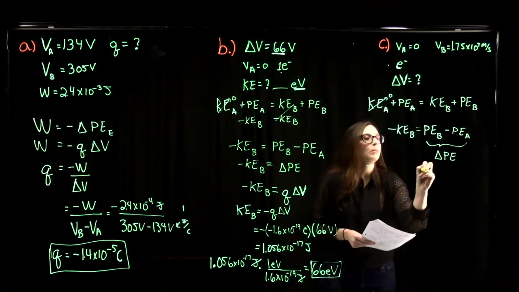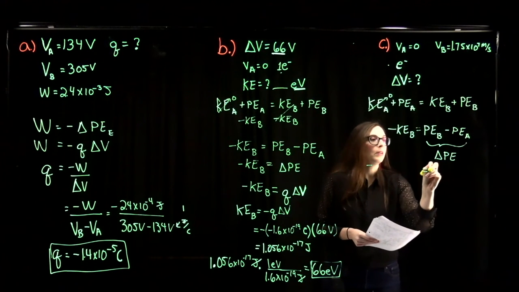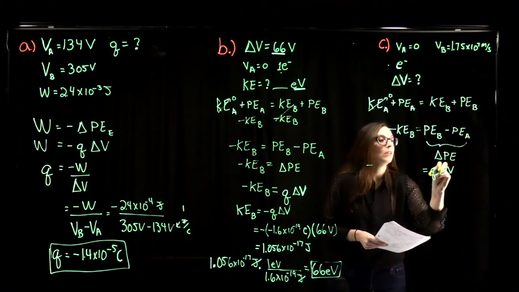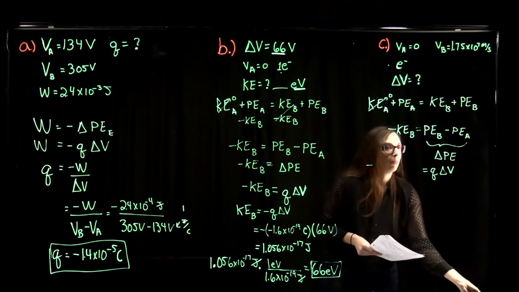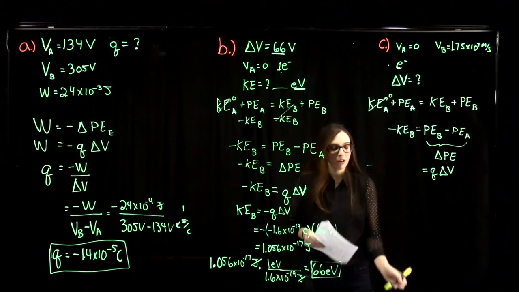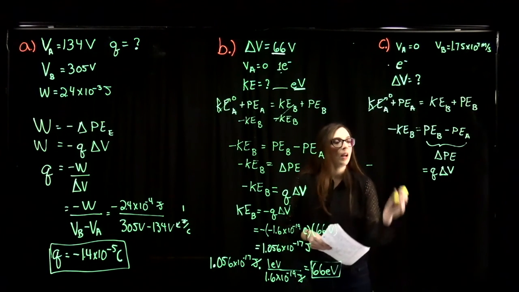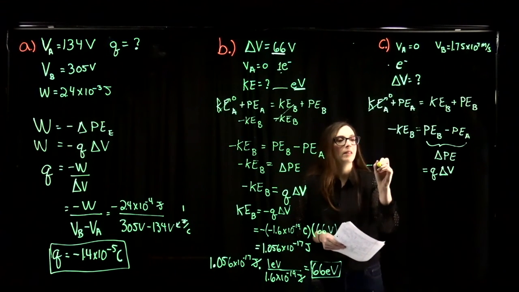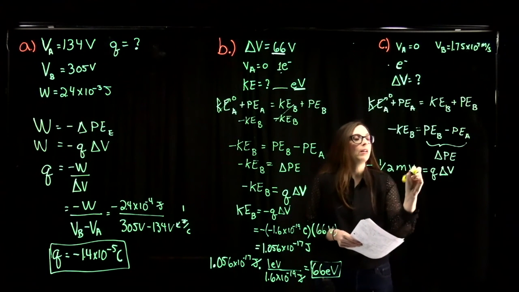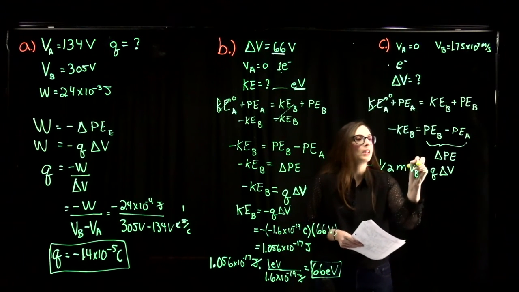Now this right here, our final potential energy minus our initial potential energy, that's our change in potential energy. And our change in potential energy is also Q times the change in the potential, or Q times my potential difference, okay? And my kinetic energy here, I'm going to write this as minus, we've got the minus sign there, 1/2 mv squared. And that's our final velocity squared.